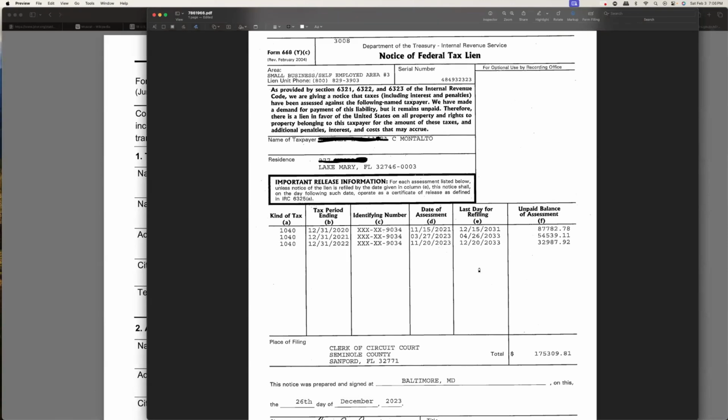So it looks like we have 3 tax years going back: 2020, 2021, 2022. It has the amounts for each one of those. These are high-end earners to have a tax bill of that caliber.